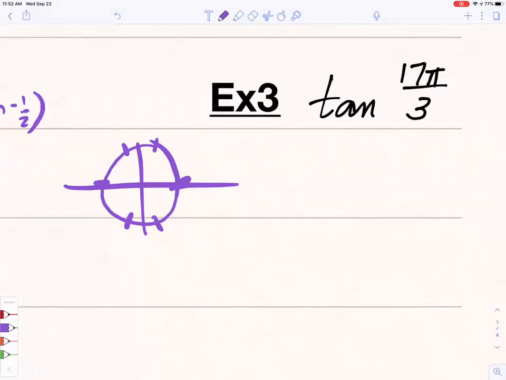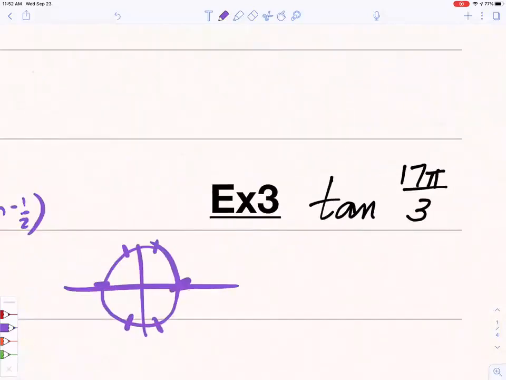Okay, option number 1. Option number 2, think about the number 17/3. That's an improper fraction. What would it be as a mixed number? 5 2/3? Agreed? Okay.